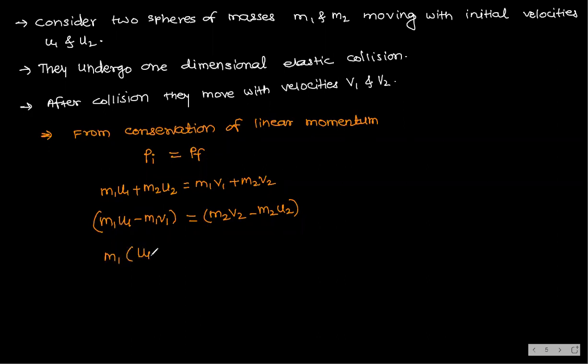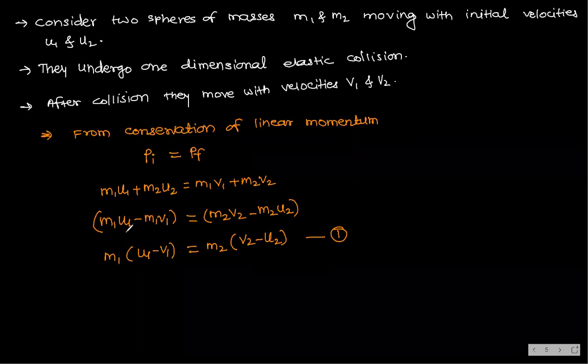What I am getting? U1 minus V1 in the bracket. And on this side, taking M2 common, I get V2 minus U2 in the bracket. Let's call this equation number 1. Any doubt? Understood? Till here any doubt?